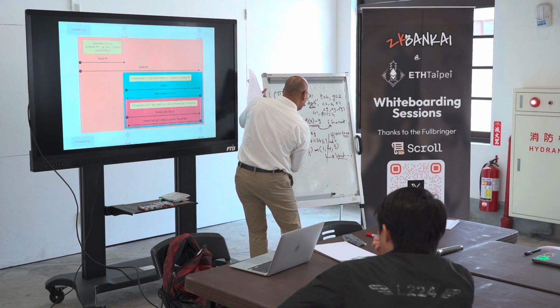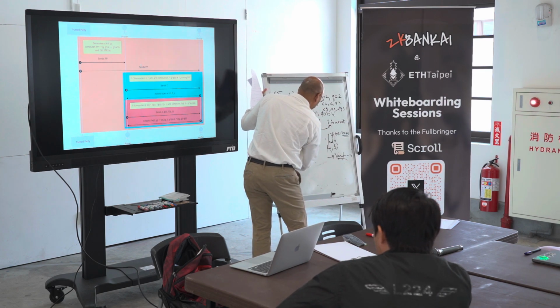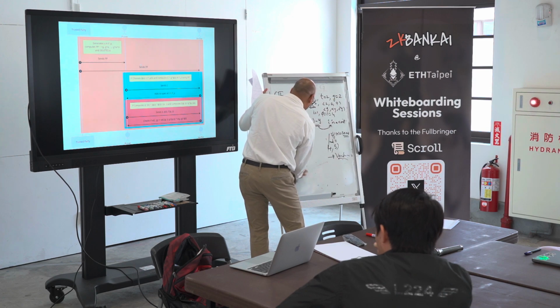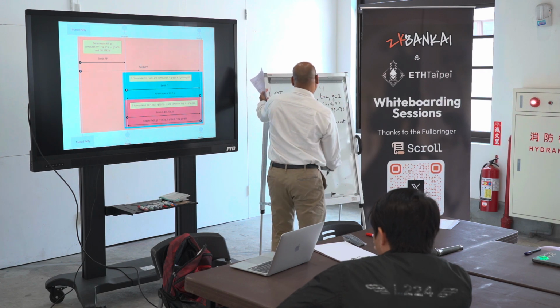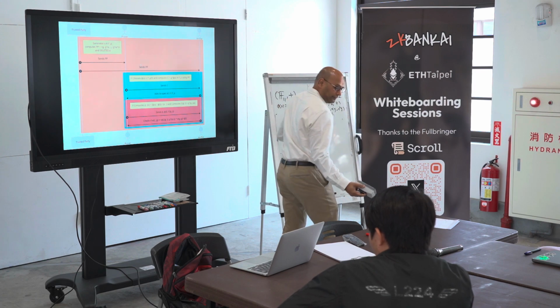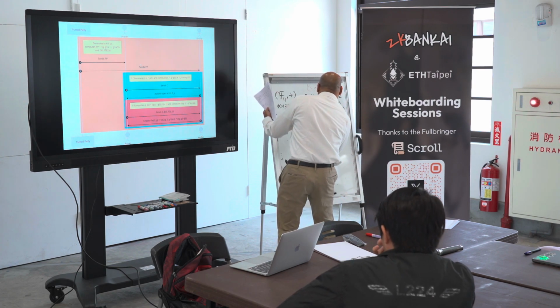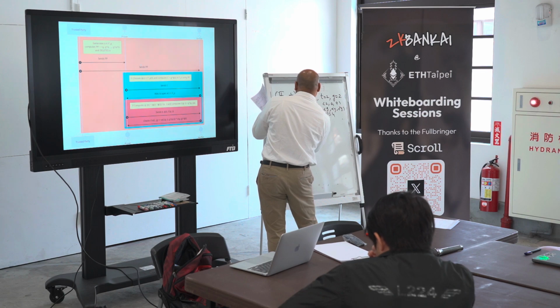So I'm going to erase this, and the verifier has a bunch of information, right? We have I is 1, and phi of I is 4, and the commitment is 1.